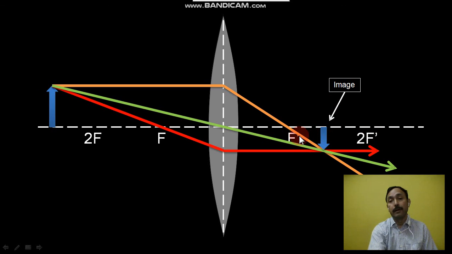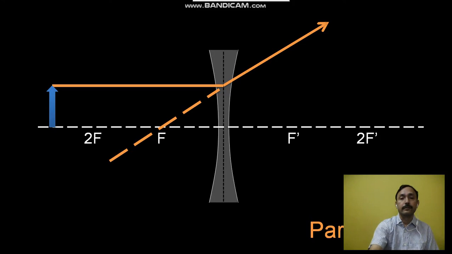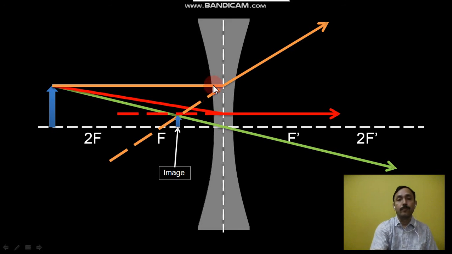This one is inverted, but here it is erected. For the diverging lens, that means the biconcave lens, the image is erected. Similarly, size diminishes and it is produced in between F and the optical center of the lens.